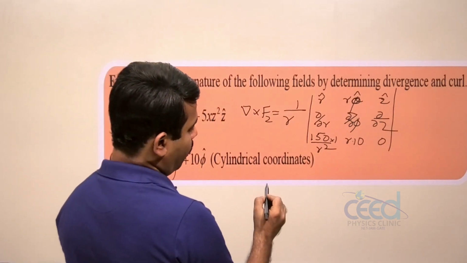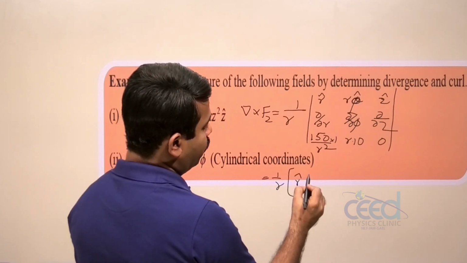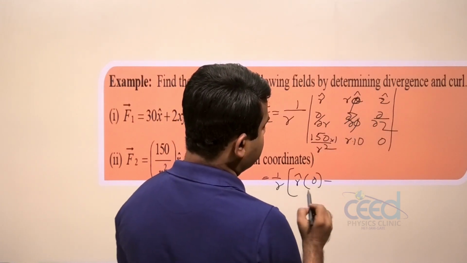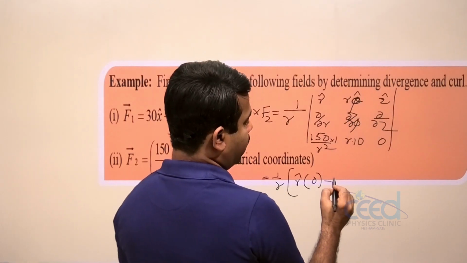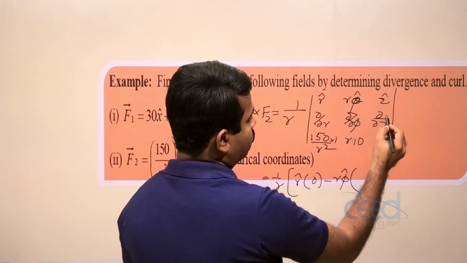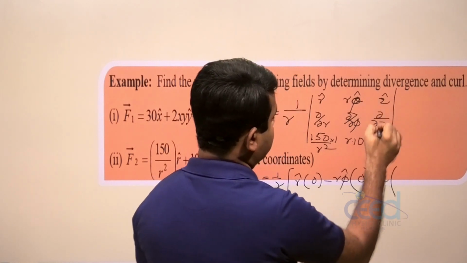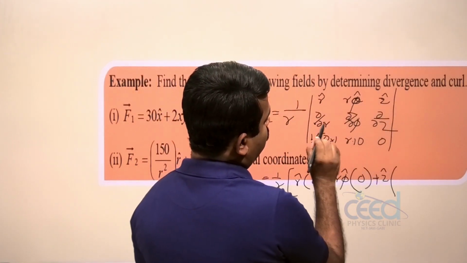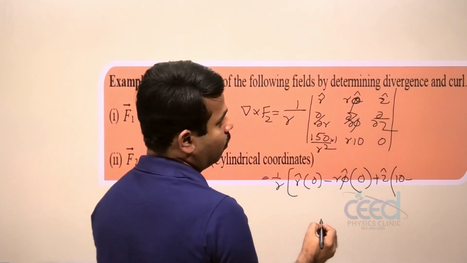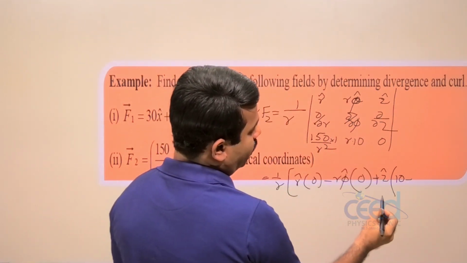Now you can expand this, that is 1 by r into, let me take r cap into 0, with respect to z 0, minus phi cap into 0, and this also 0, plus z cap into dou by dou r of 10r, which is equal to 10, minus dou by dou phi, this is 0.